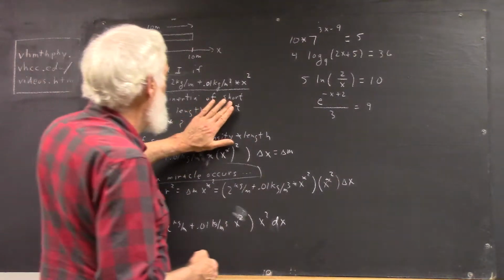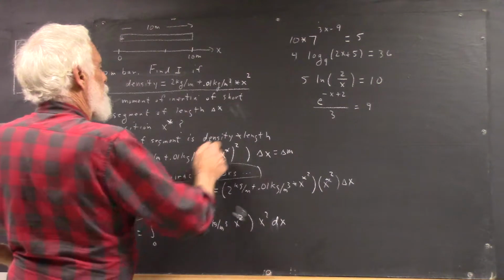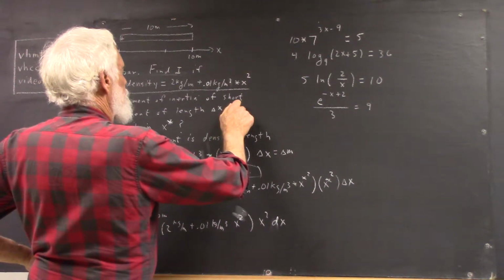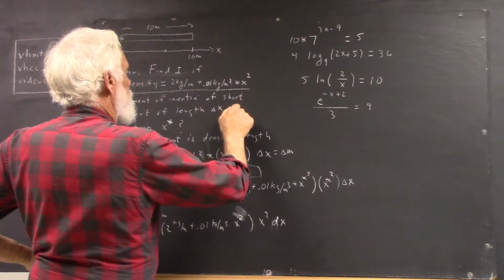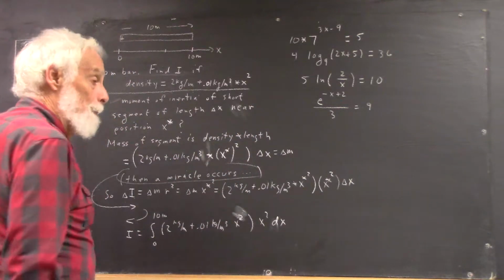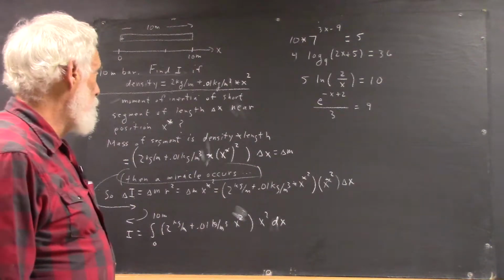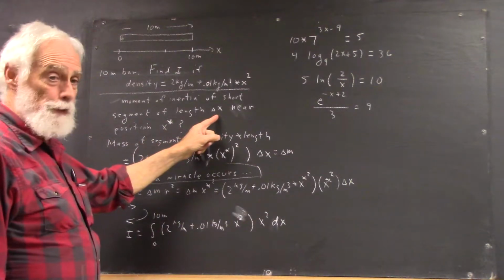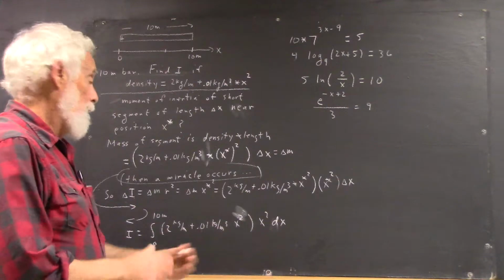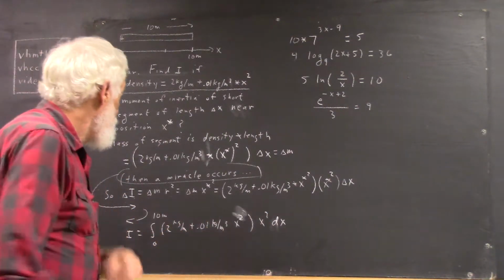So instead of at x star, near position x star. By near, I mean as near as possible, so that x star would be within this delta x interval. This should be familiar to you from calculus, but maybe not.